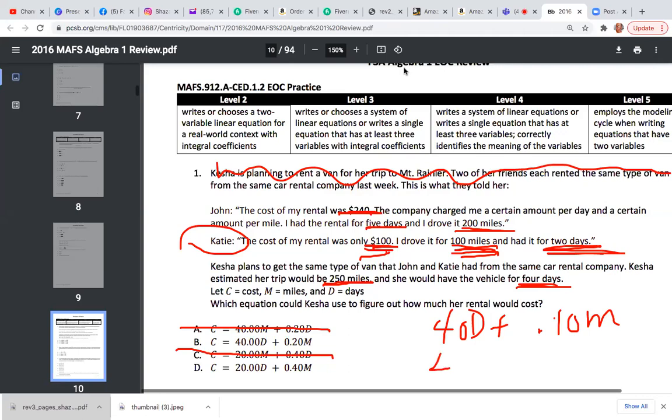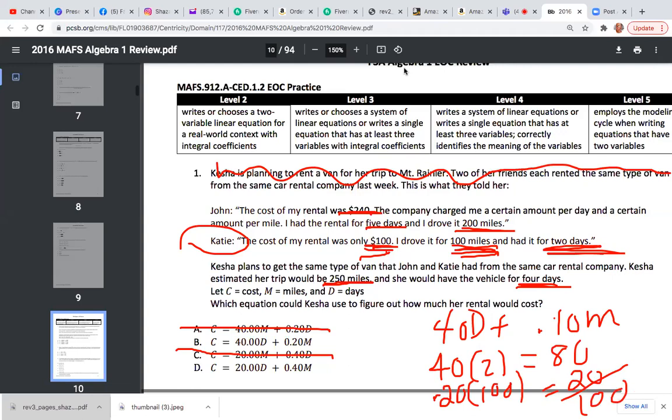So 40 times 2 gives us $80. Then they're charging 20 cents per mile, and she drove 100 miles. If we multiply 20 cents by 100, that gives us $20. When we add them together, we get $100.